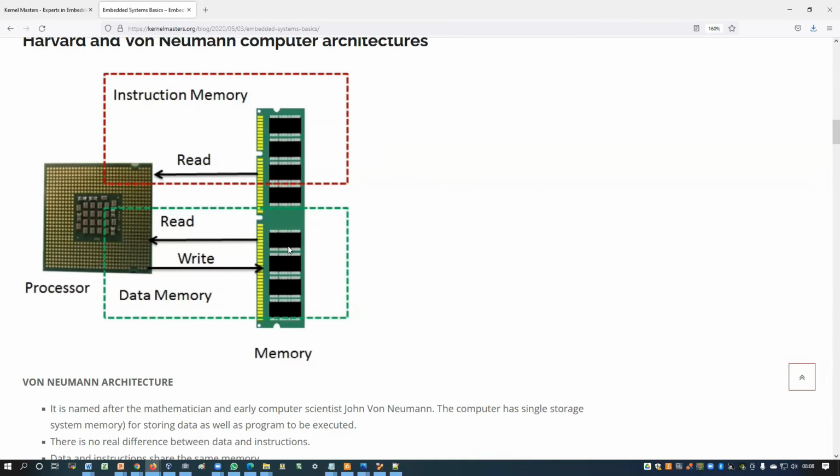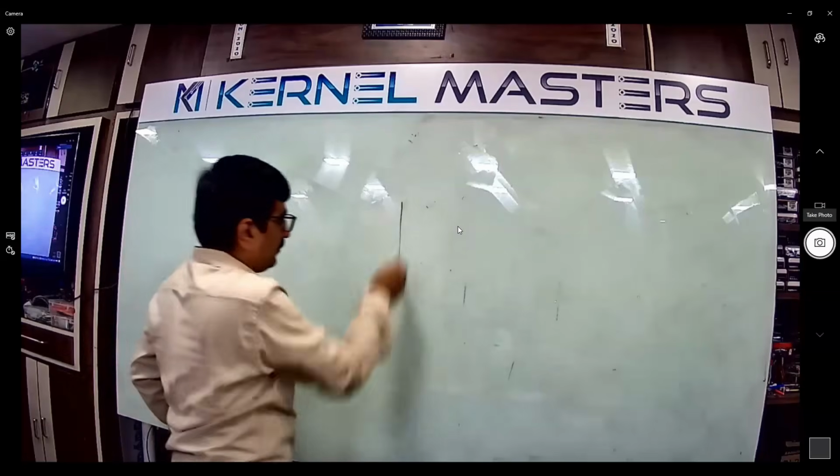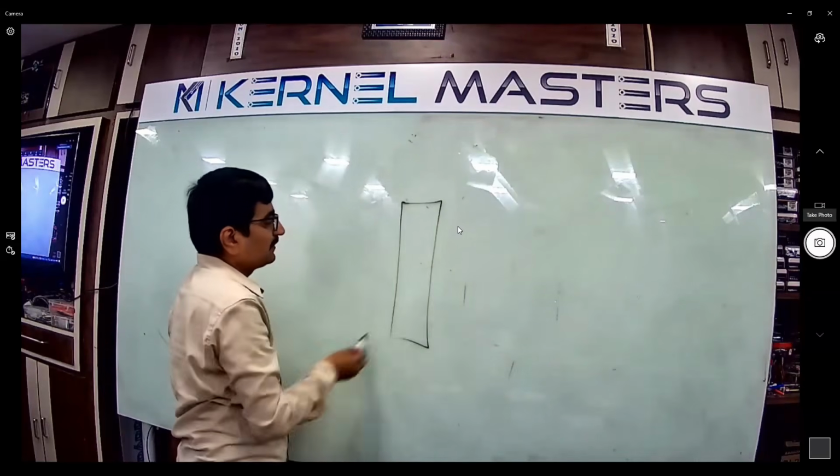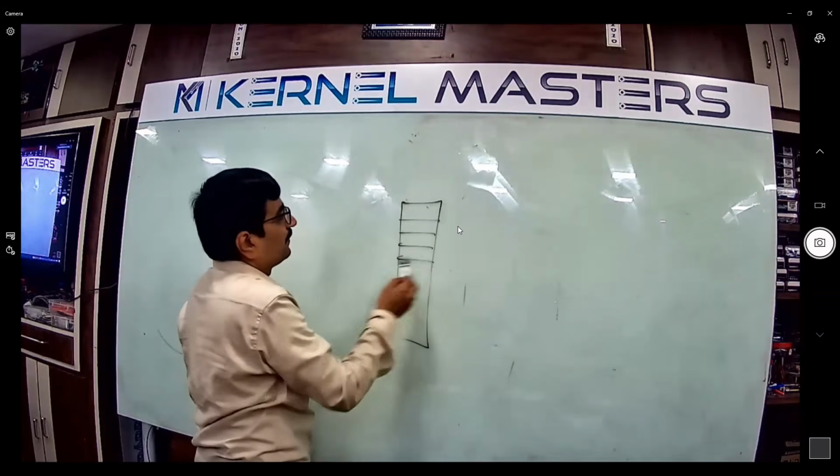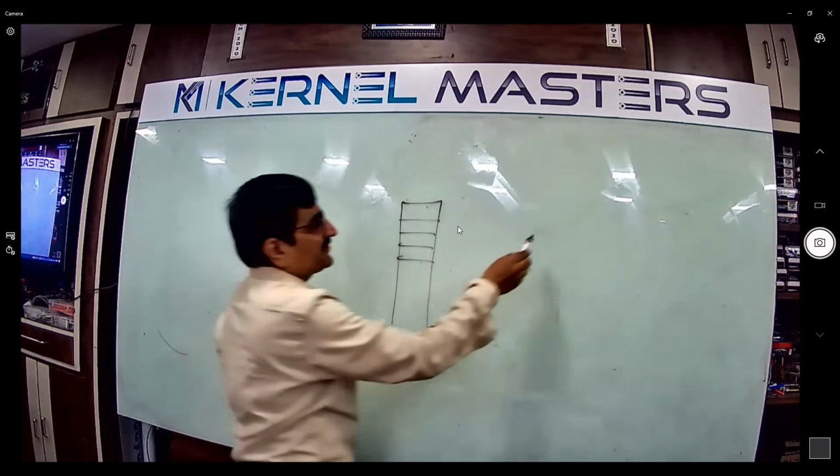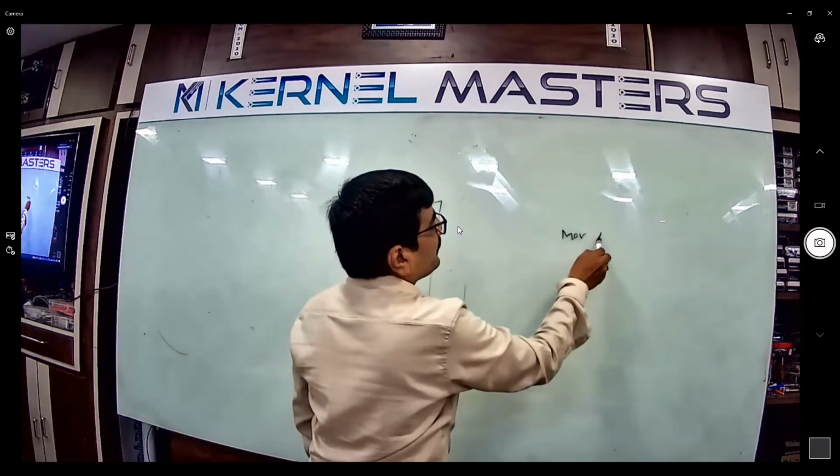I put the green color for data memory and the red color for program, the instructions. Tomorrow I'll show you in assembly language: MOV A, B is an instruction.